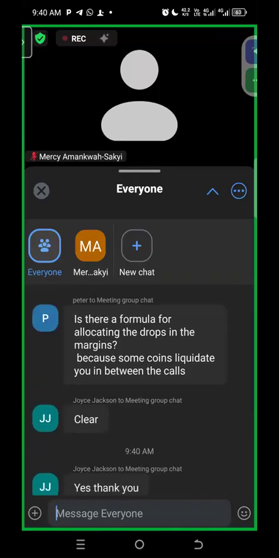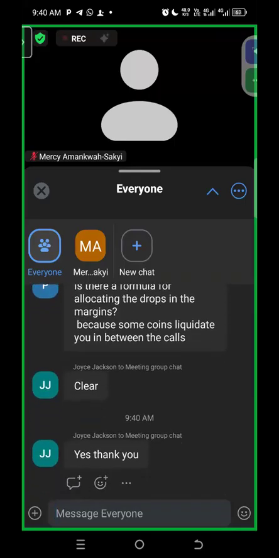Okay, so now, is there a formula for allocating the drops in the margins? Is there a formula for allocating the drop? Because some coins liquidate you in between the calls.